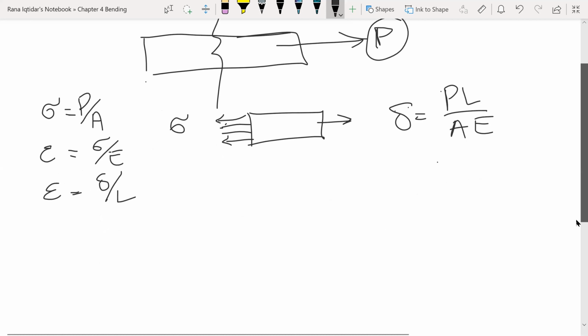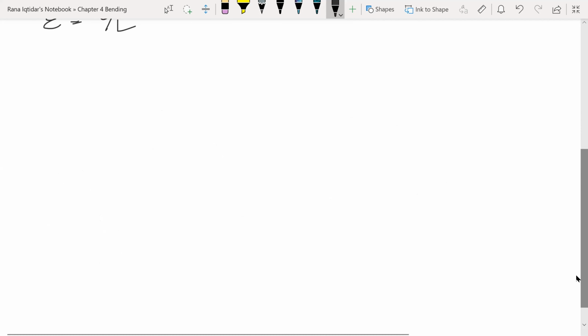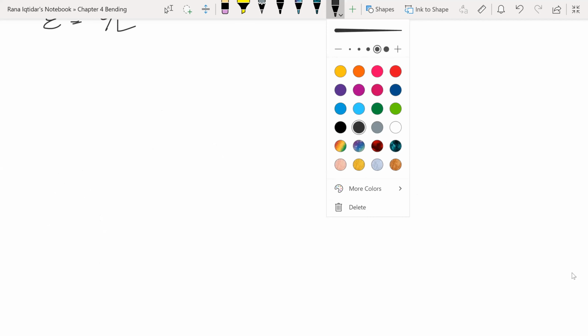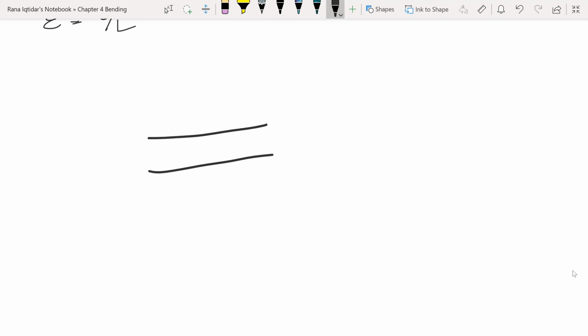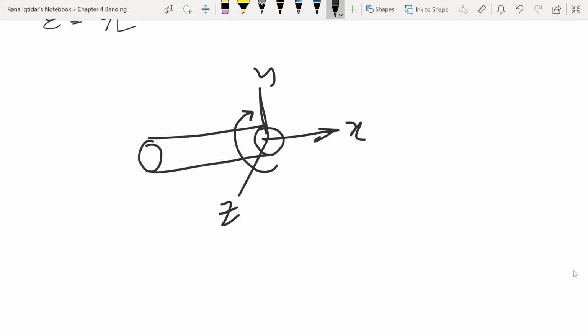In chapter 3, what we discussed? We discussed that we had a rod like this one, and if this was X, Y, and Z direction, and a particular type of moment is applied along X-axis, that particular type of moment causes the torsion, and that is called the torque, right?